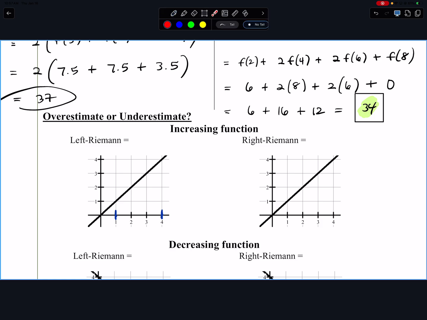Remember, if I'm doing a left Riemann sum, that means I'm picking the left endpoint for my height, right? So that would be right here, and my rectangle is going to go all the way to 4. If I use a left Riemann sum to estimate this area, do you see how I'm not getting any of this area? So is this an underestimate or an overestimate? This would be an underestimate.